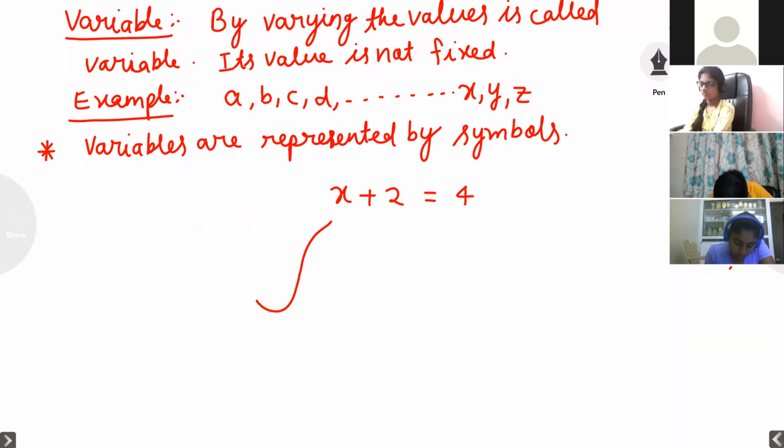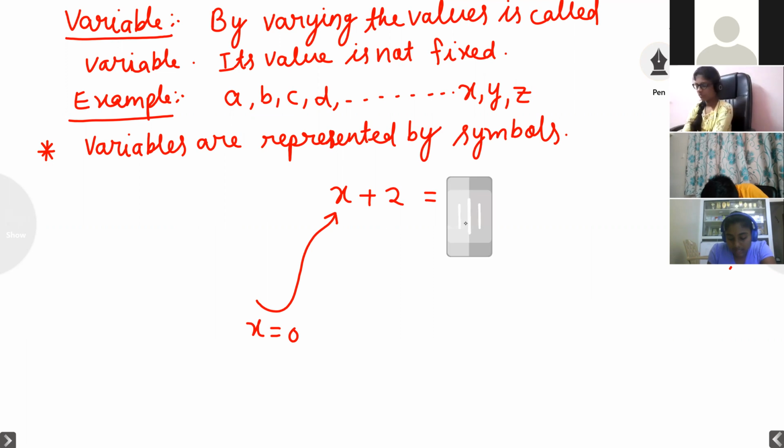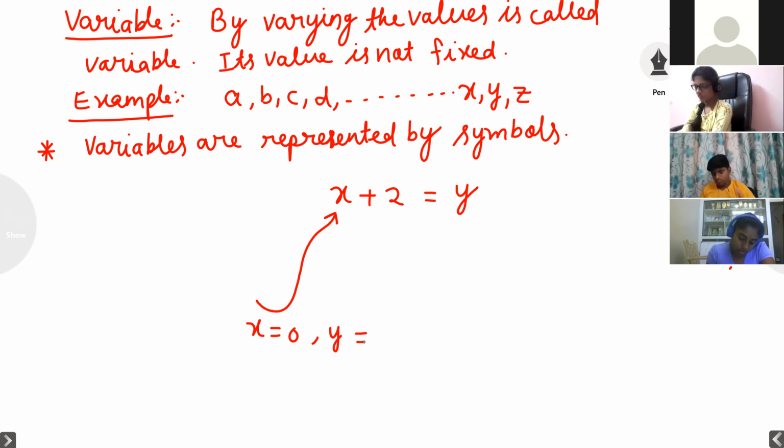If in the place of x, I am substituting 0, x plus 2 is equal to y. 0 plus 2, y has come 2. Don't write, listen first.